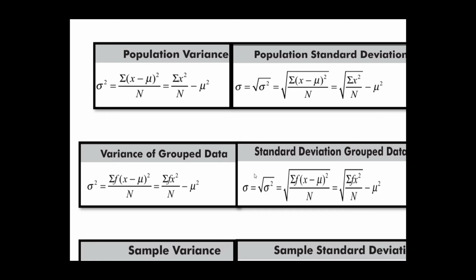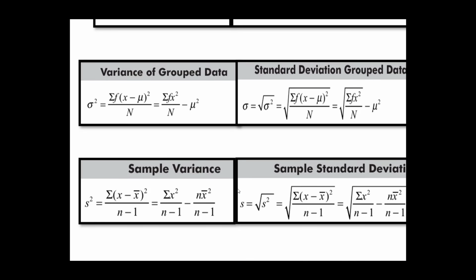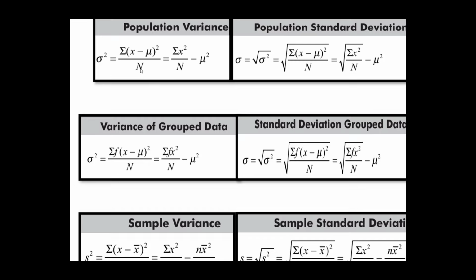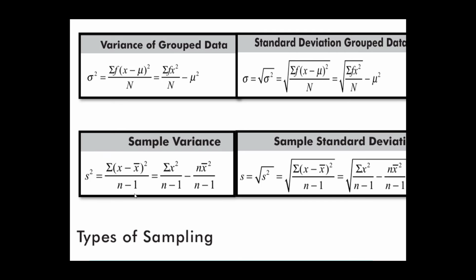But when we are calculating for a sample, and we need to calculate the variance and standard deviation from the given raw data of the sample, then there is a small change in the formula, which is denoted here. Instead of capital N, the population size, we use n minus 1, where n stands for the sample size.